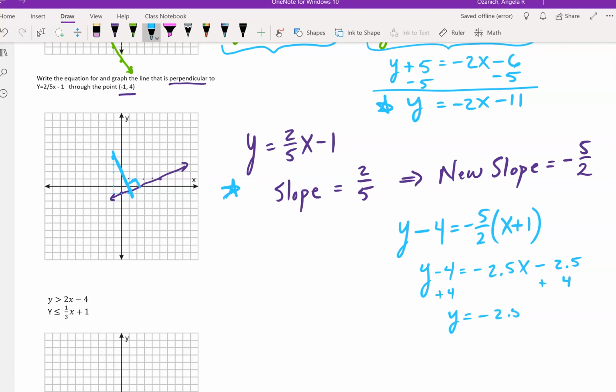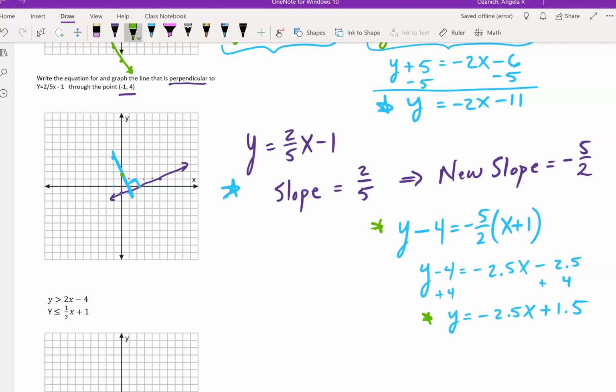Negative 2.5x plus 1.5. Let's check and see if that seems to be about right. Oh yeah, look, right there. That's where it's crossing the y-axis. Very good. So you can leave your equation like this, or keep it in point-slope form.